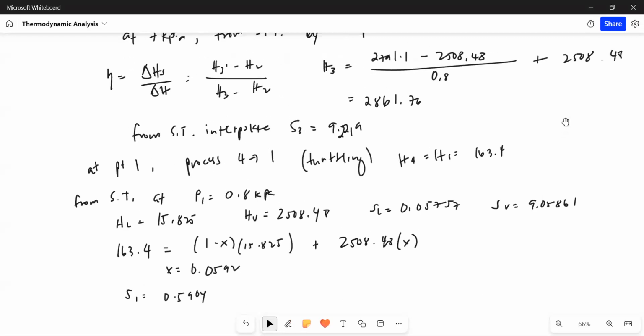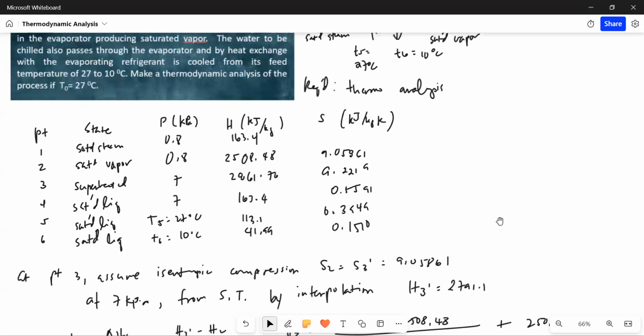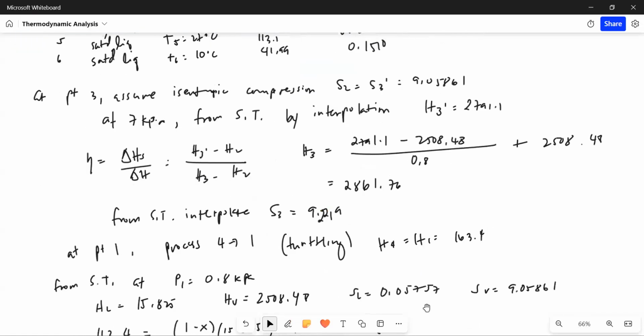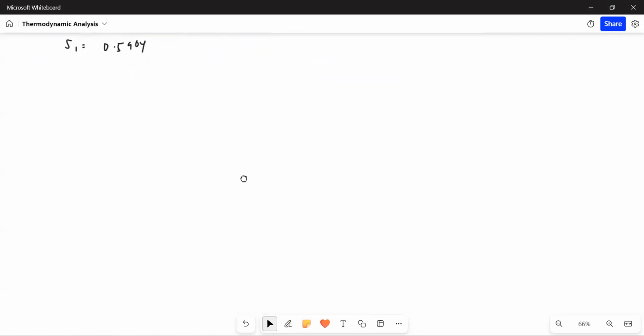Now our table is complete. Let's write S, 0.5904. Our table is complete. We can now proceed with our thermodynamic analysis. The first step is to calculate the work ideal.